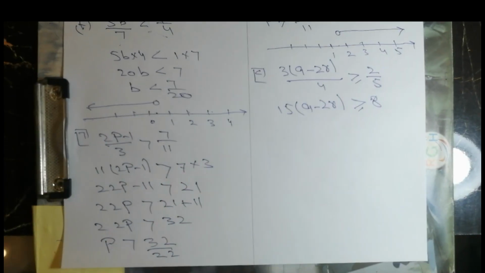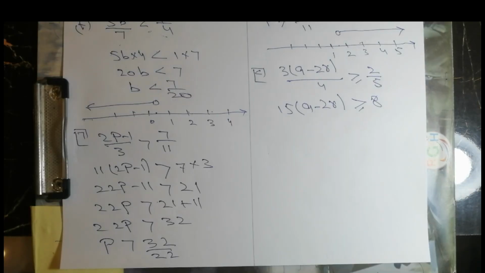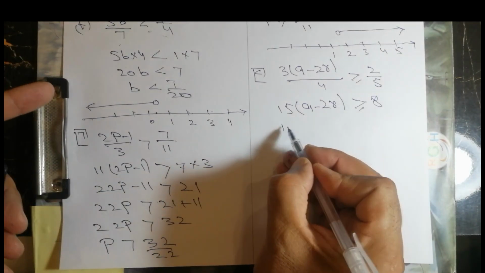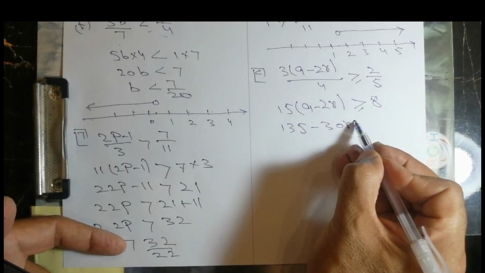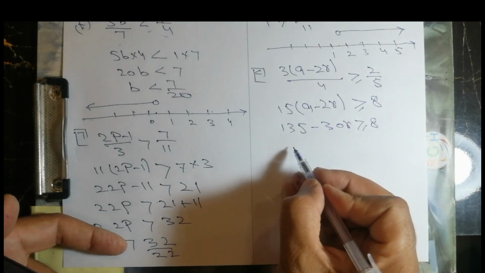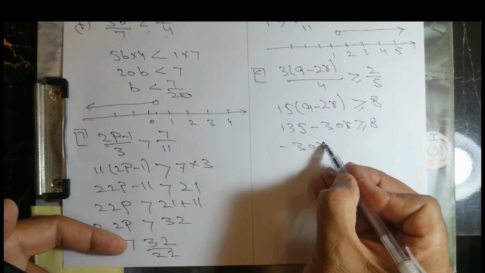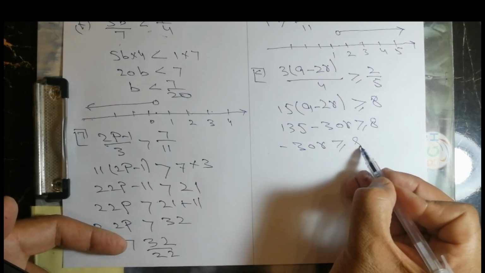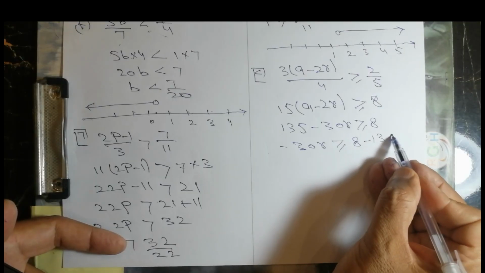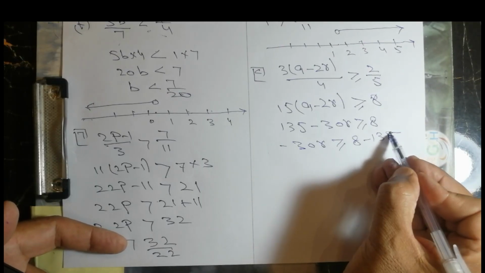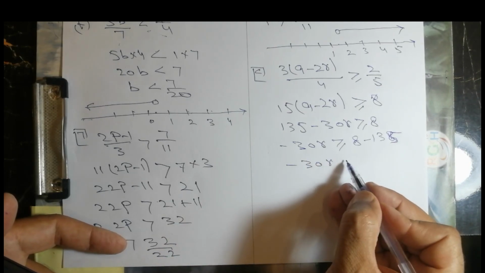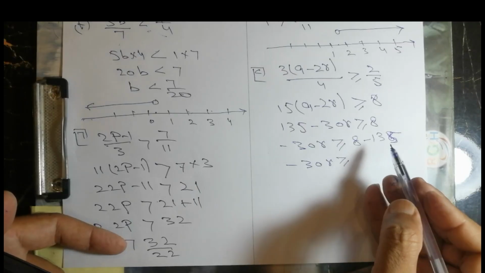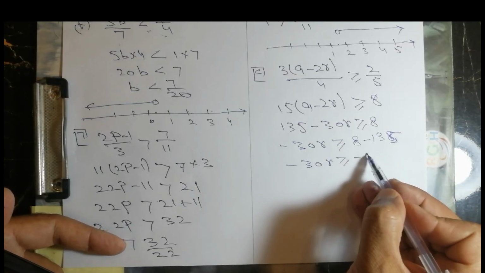And 15 into 9 is 135, minus 30r, greater than or equal to 8. Minus 30r is greater than or equal to 8 minus 135, this will be minus 127.